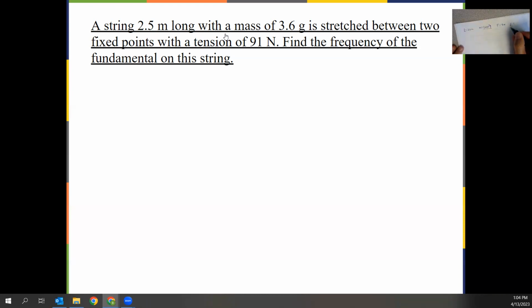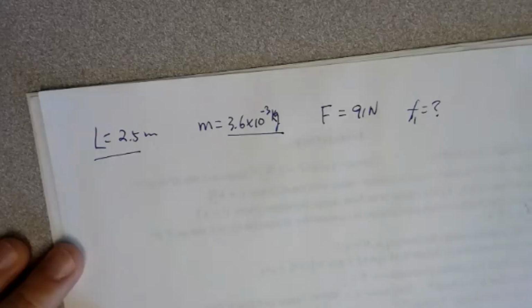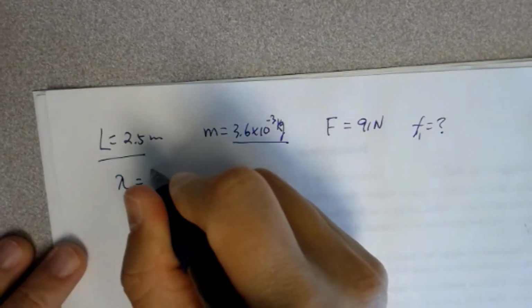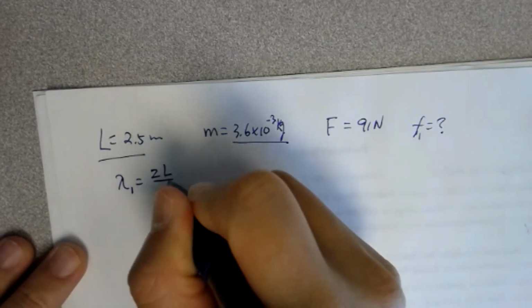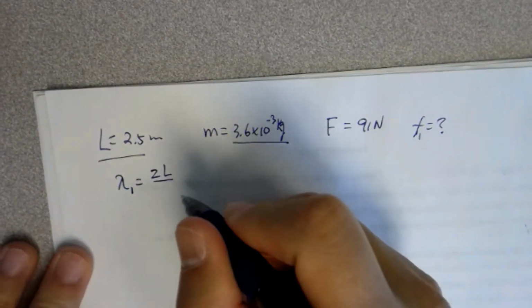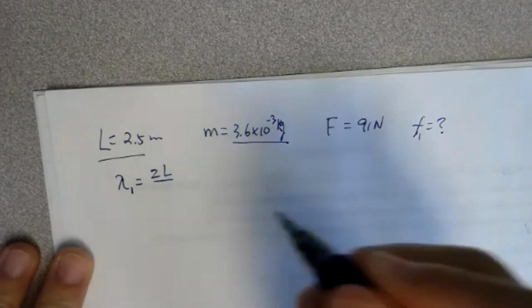So for the fundamental frequency, it gives you the total length. If you go one slide back, you can find the fundamental wavelength is actually 2L divided by 1, right? So 2L. So you can calculate your wavelength.